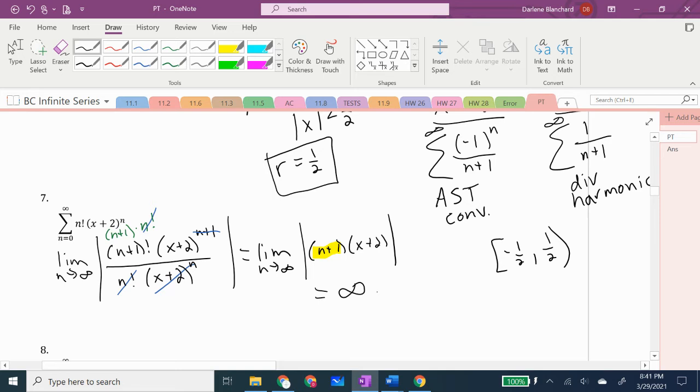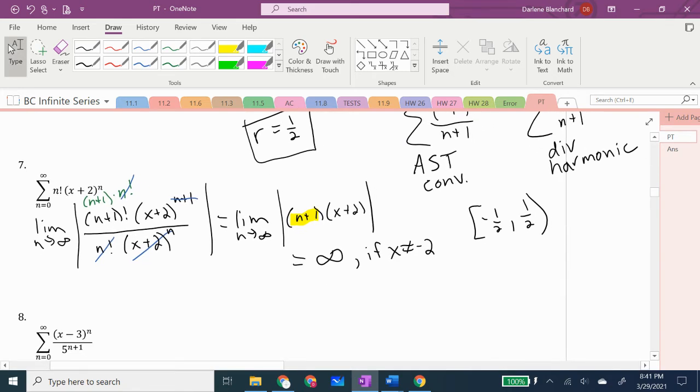But I did say non-zero. 0 times infinity is indeterminate. However, we know that we always get converge at the center because that will mean that my polynomial is just the constant term and everything else becomes adding 0 forever. So what this means is I'm greater than 1. Infinity is a bit greater than 1. The ratio test is saying diverge for everything except -2.